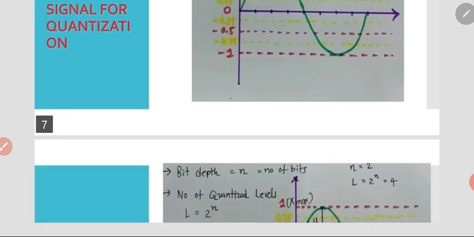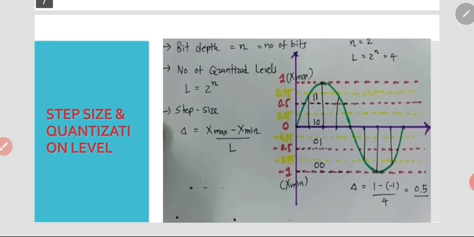Then we learned how the number of quantized levels and the step size are found. I hope in the last lecture you all learned how to do those two things.